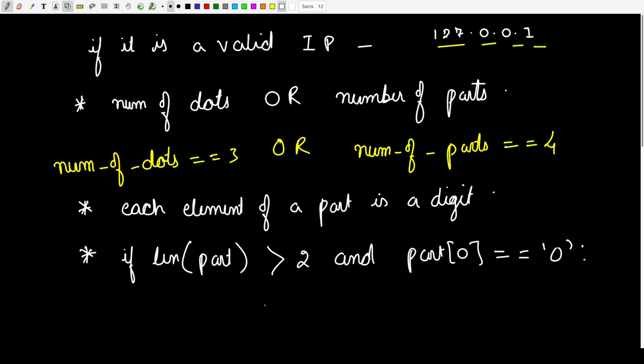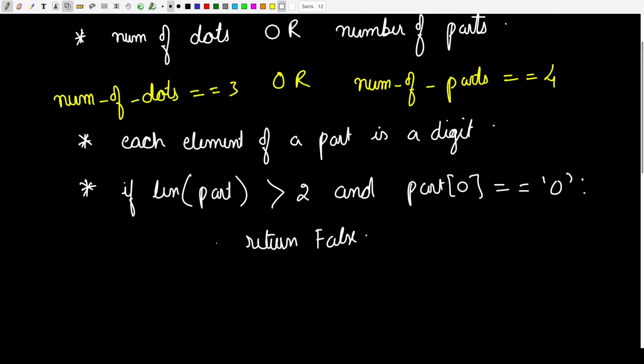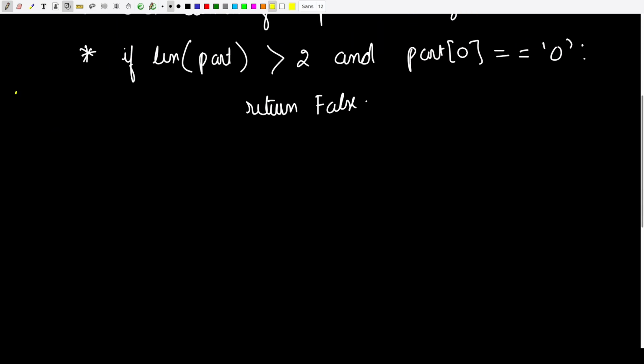If this is the case, then we are going to return false, stating that this is not a valid IP address. And let me explain what this condition checks. Well, let us say the IP address is of this nature. Now, as per our question, this is not a valid part since it starts with 0, because of which we are returning false, and that is what we are checking over here.